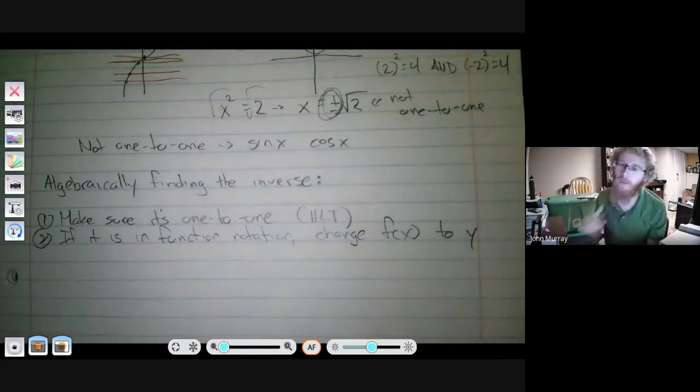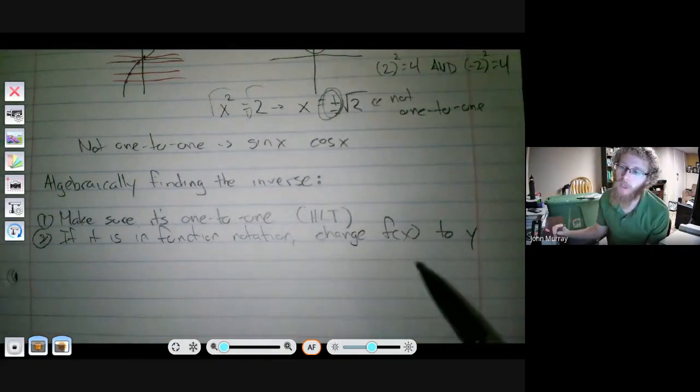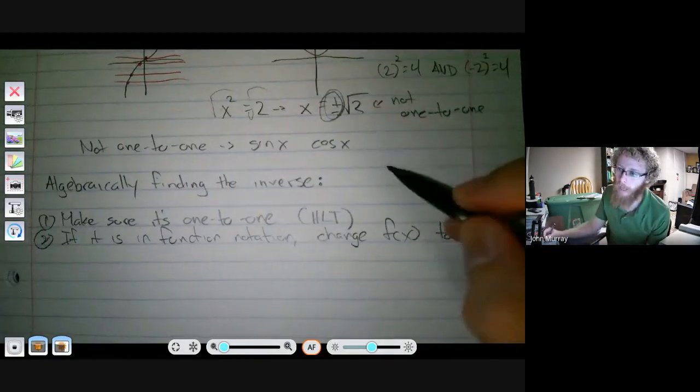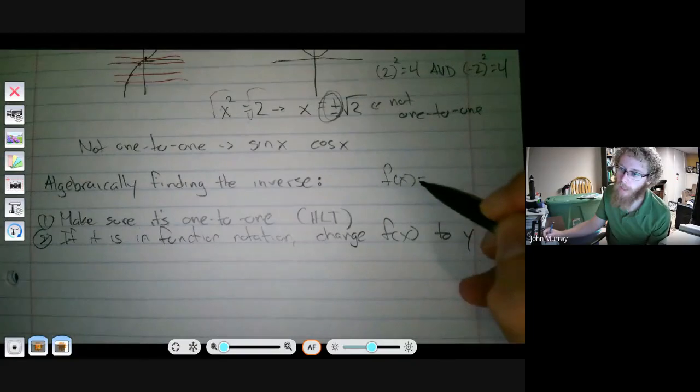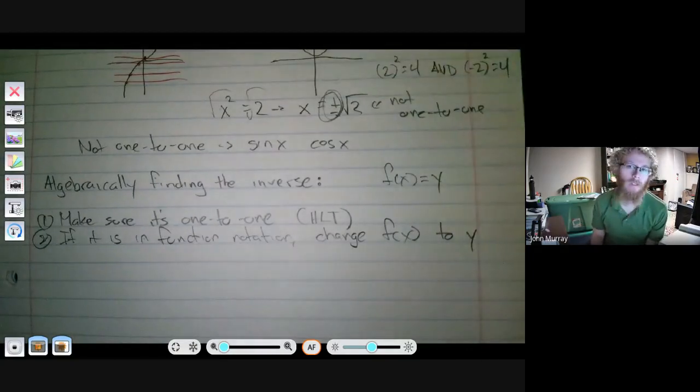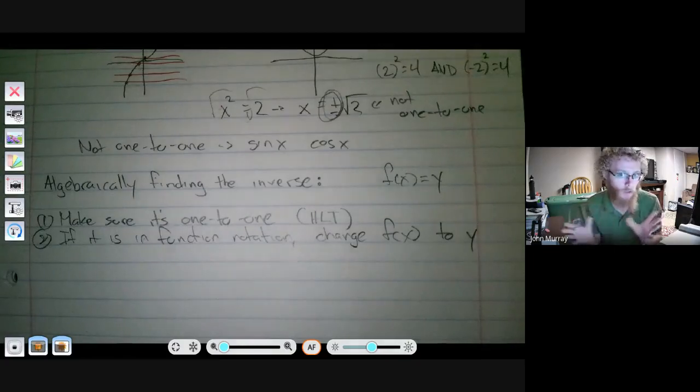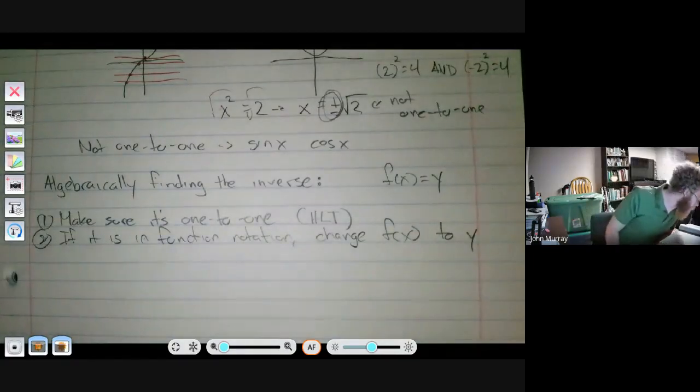Okay, the second thing is if we're given the function in function notation, we want to change that f of x to y. That's a known fact that f of x equals y, so you can change those out, and you don't have to worry about messing around with the function.